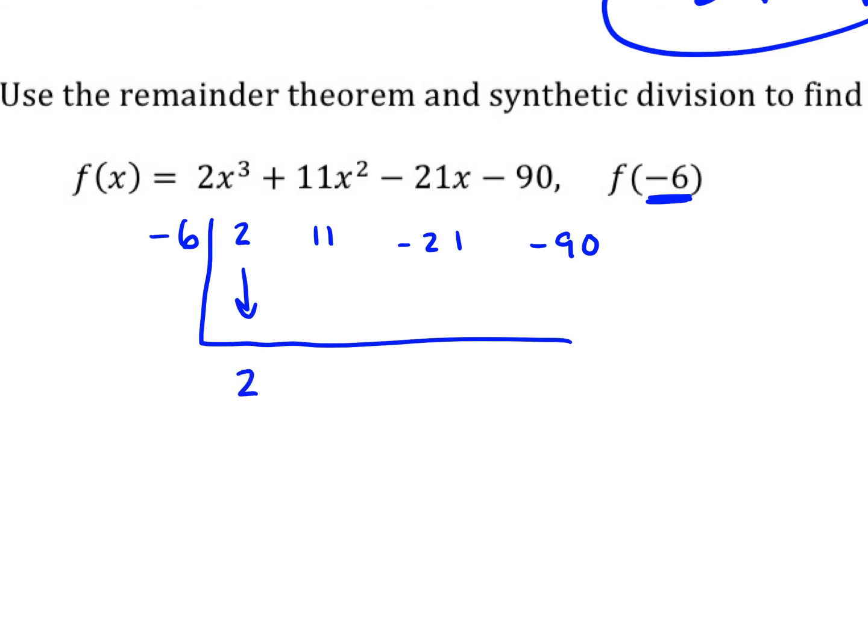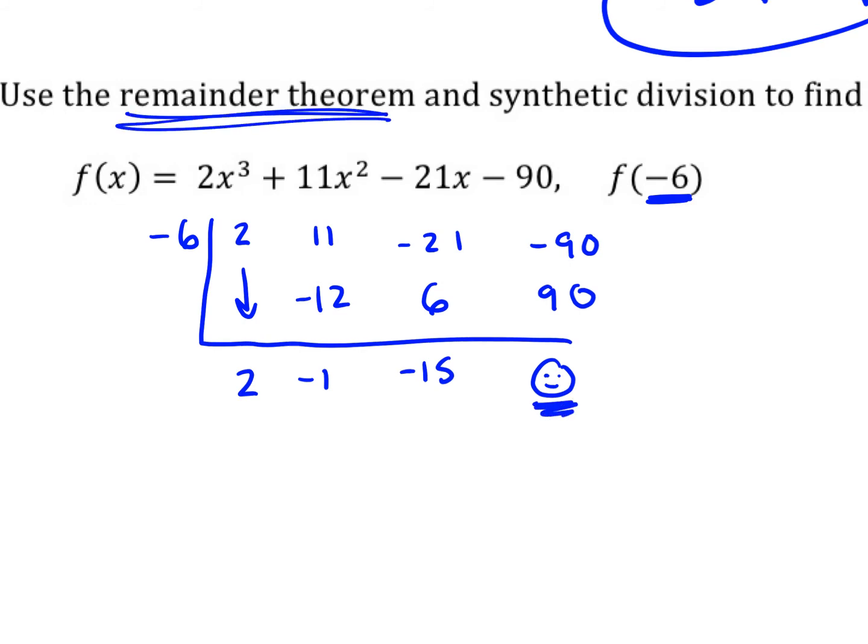Drop down the 2, multiply, add, multiply, add. I get 15, negative 15, multiply, 90, add, we get 0. So the remainder theorem is whatever your remainder is, that's your answer. So here, f of negative 6 is 0.